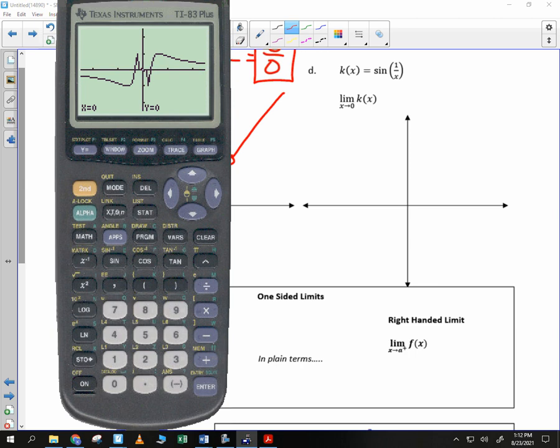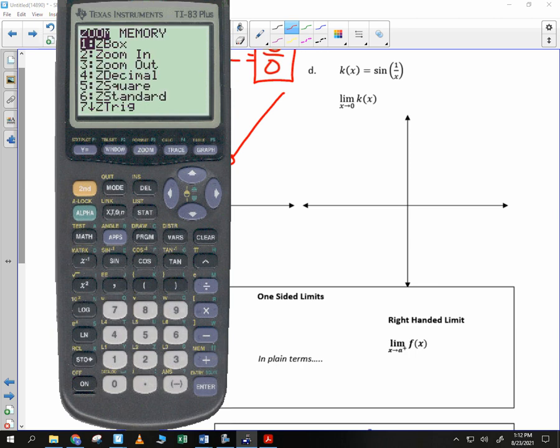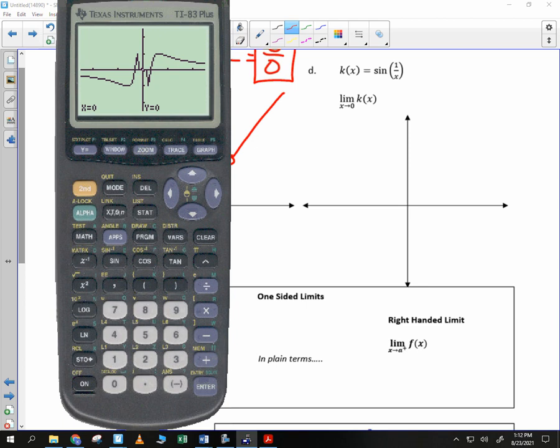Still hard to tell, isn't it? Let's zoom in further. Just watch mine for right now. I still can't see exactly. I'm going to zoom in again. Maybe we'll get a better view now.